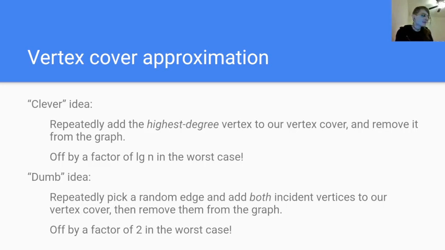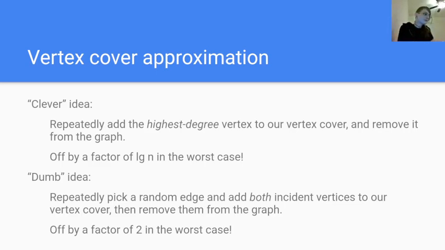So we might think to ourselves, how do we approximate vertex cover? We would like to have the higher degree vertices, the ones that have lots of edges poking out of them, so that we can take care of as many edges as possible. With vertex cover, we're trying to cover all the edges with a set of vertices. So we think, okay, let's take vertices that have lots of edges, right?